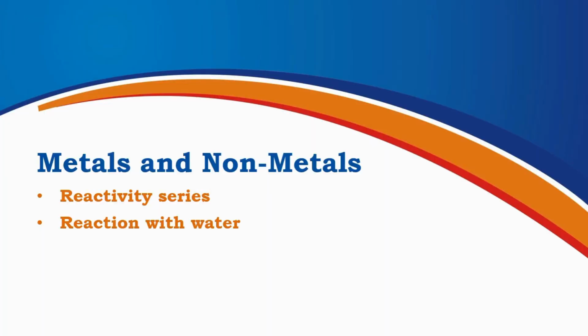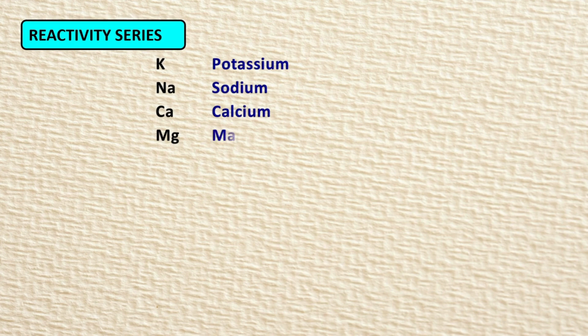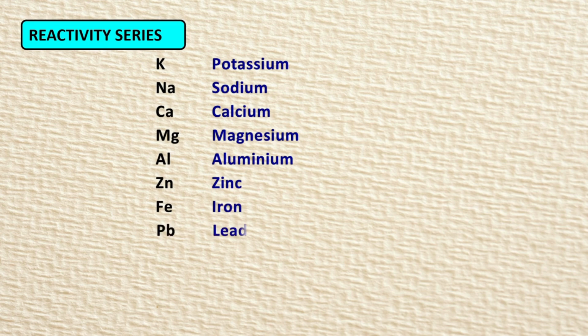Reactivity series: reaction with water. Reactivity series: K potassium, Na sodium, Ca calcium, Mg magnesium, Al aluminium, Zn zinc, Fe iron, Pb lead, Cu copper, Hg mercury, Ag silver, Au gold.